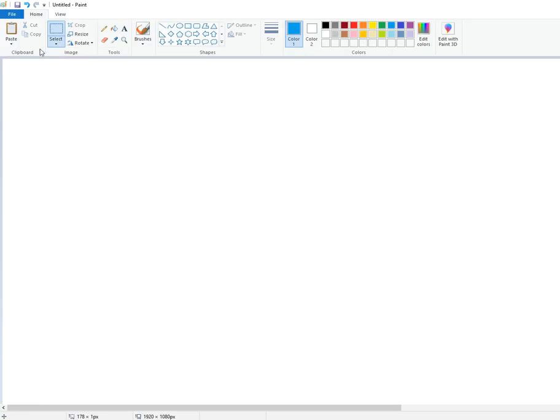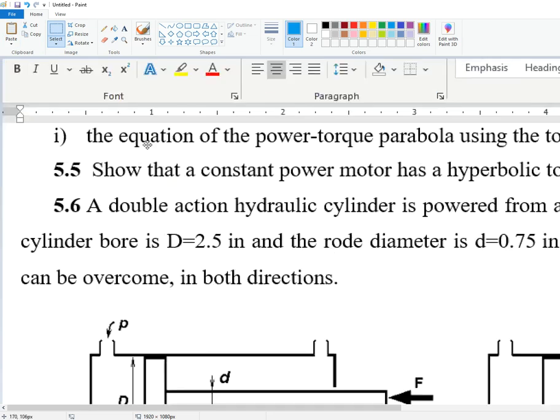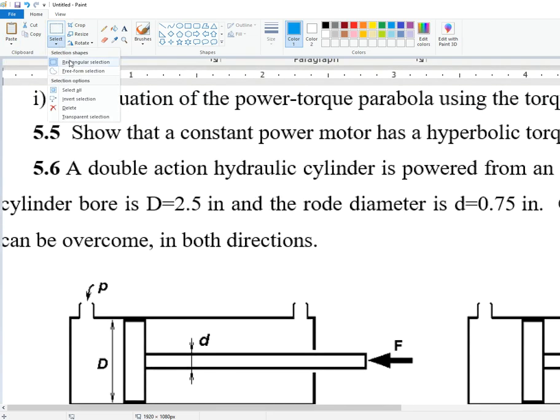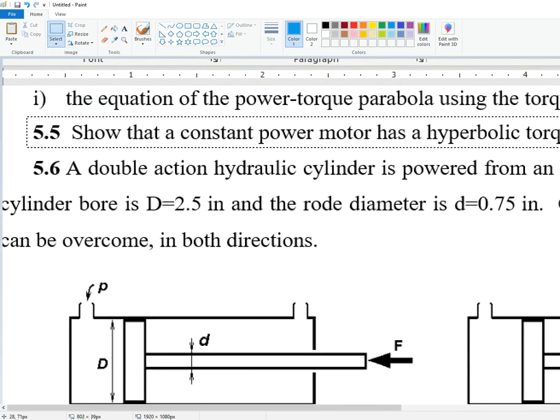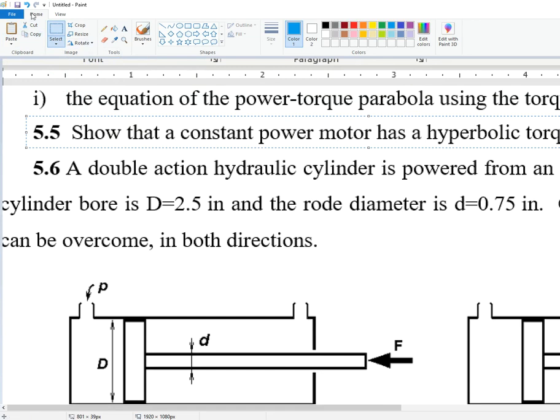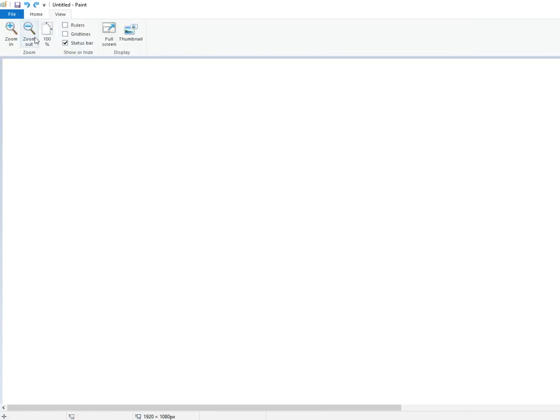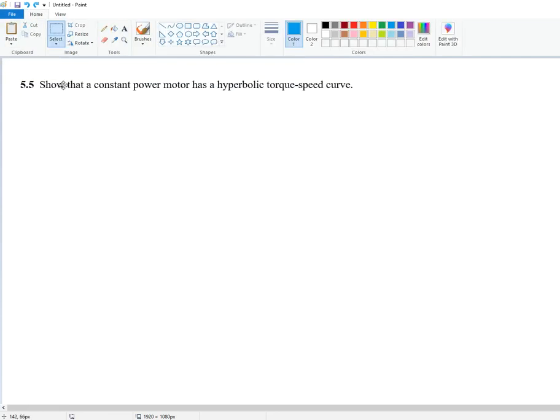Select all, paste. Alright. Constant power motor has a hyperbolic torque speed curve. Okay, so P equals constant, and you write this.